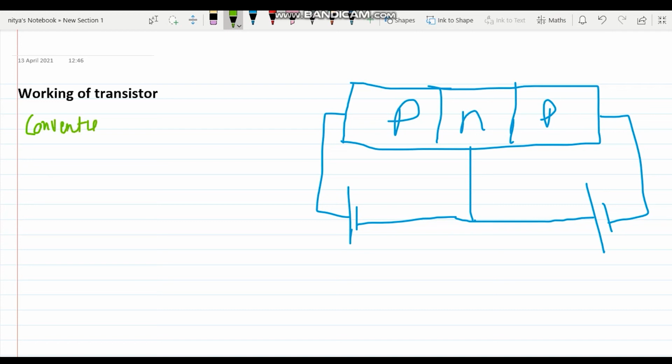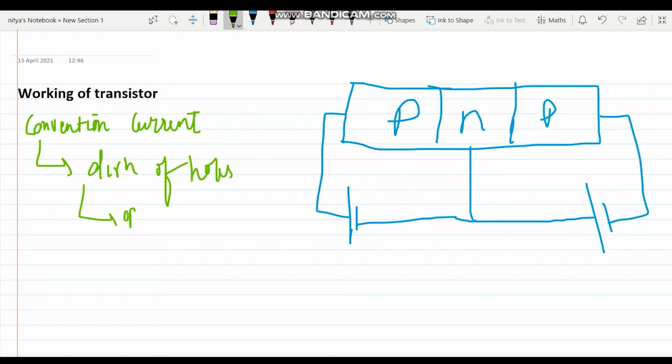Again we use conventional current. What is it? The direction opposite to the direction of negative charge, that is electrons.